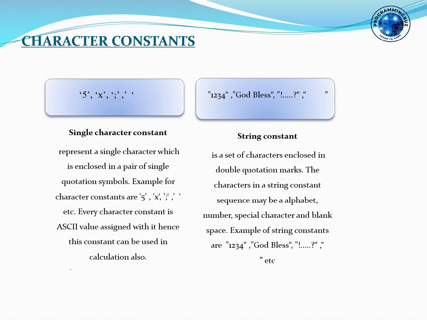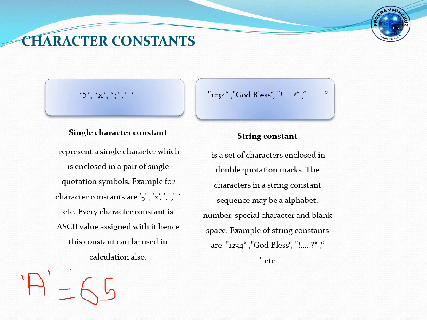For example, if you write capital A in single quote marks, it is considered as the value 65. Similarly, if you write capital B in single quotation marks, it will be considered as the value 66. Therefore, these types of constants can also be used in calculations, as they have an associated number.